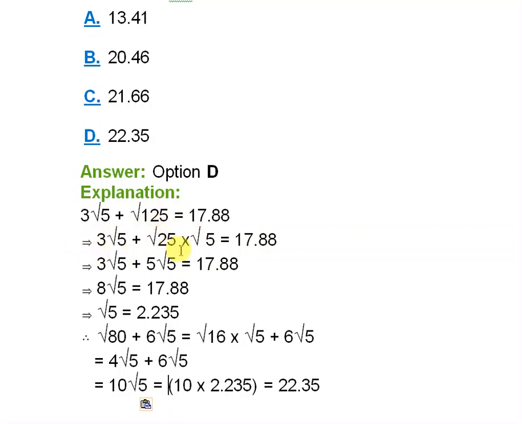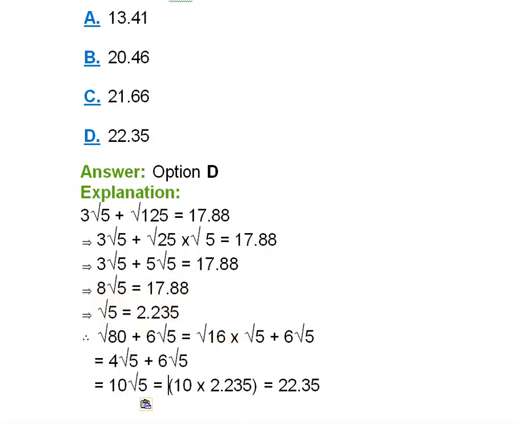Now root 25 can be written as 5 obviously, so it will be 3 root 5 plus 5 root 5 equals 17.88. So we know that both the roots are same here, so we can easily add them. So it will be 8 root 5 equals 17.88. Now 8 can go in multiplication this side, so root 5 will be equal to 2.235.